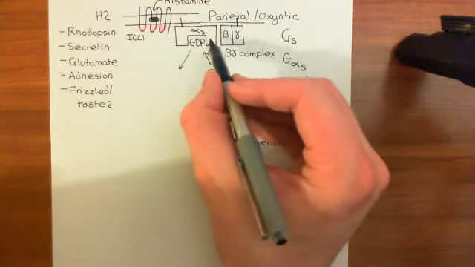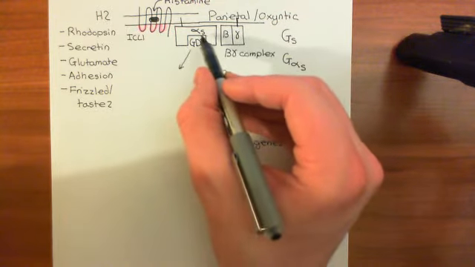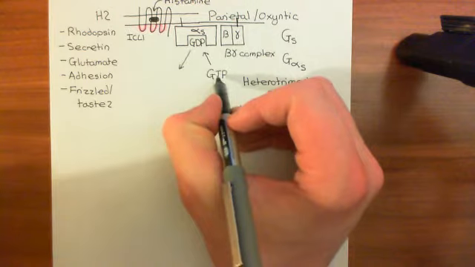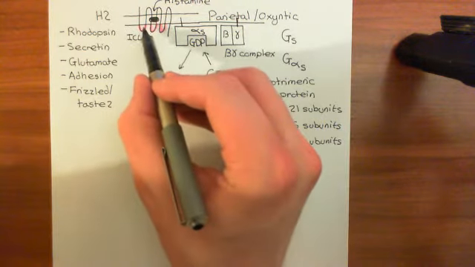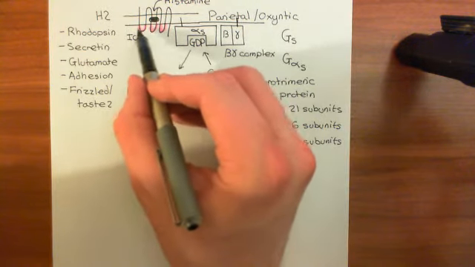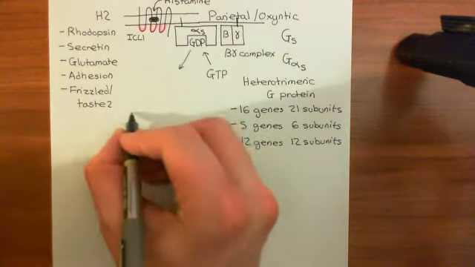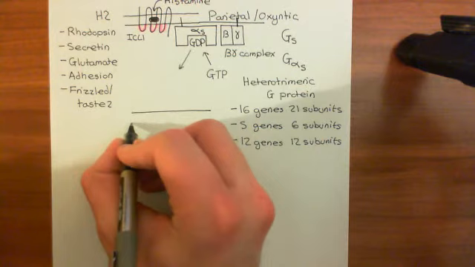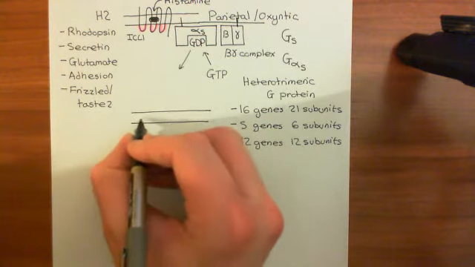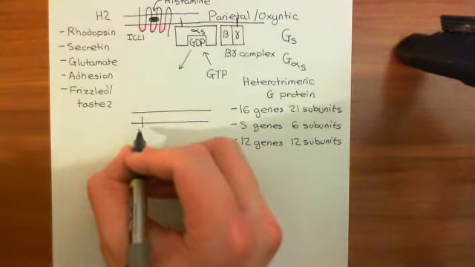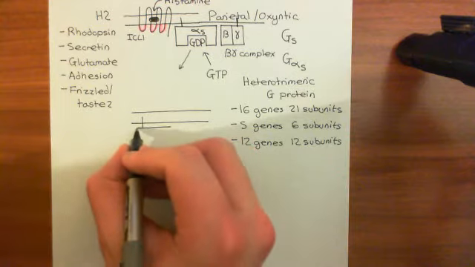Now, as soon as this happens, the alpha S, now bound to GTP, leaves the clutches of the H2 receptor and goes off. Now, it will still be attached to the inner leaflet of the phospholipid bilayer because it's still got this lipid modification, but it doesn't stay bound to the active H2 receptor.